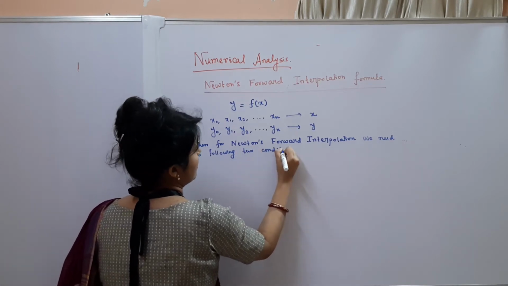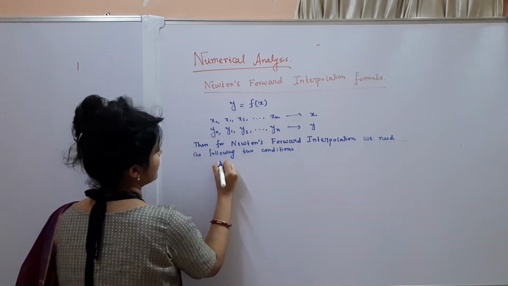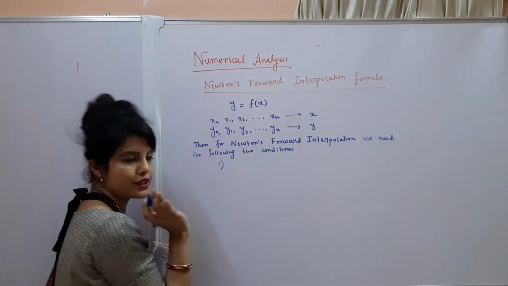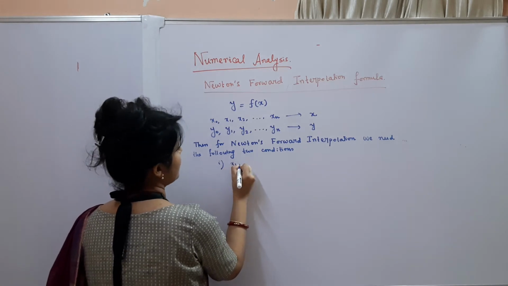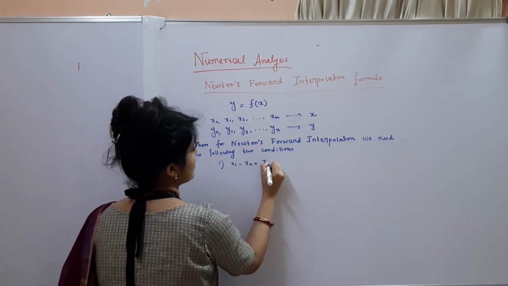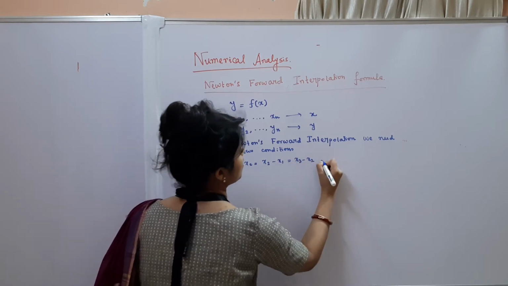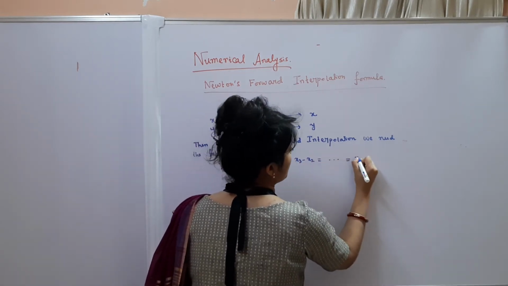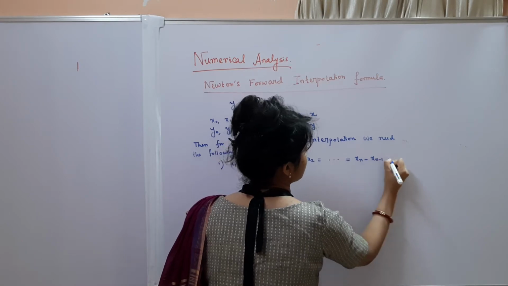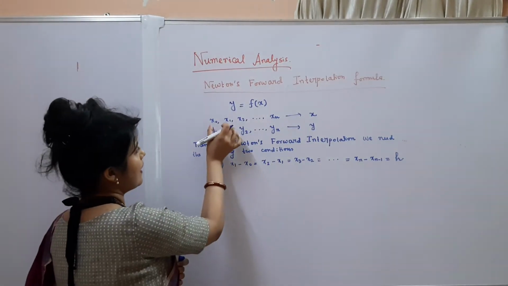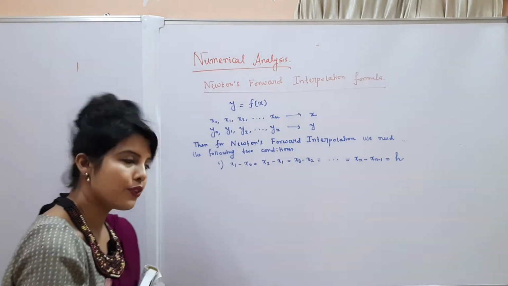Okay, what are the conditions? The first one is the values of x should be equidistant. So therefore x1 minus x0 equal to x2 minus x1 equal to x3 minus x2 up to xn minus xn minus 1 equal to h. So h is the common difference, that means the values of x's are equidistant.